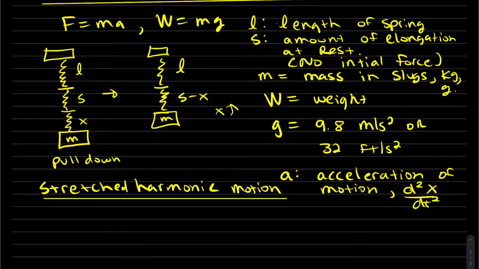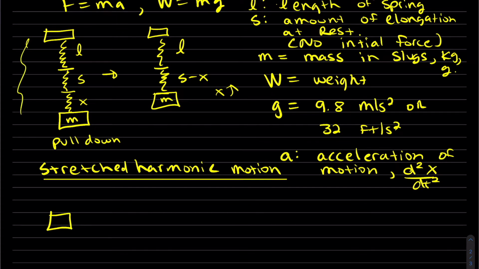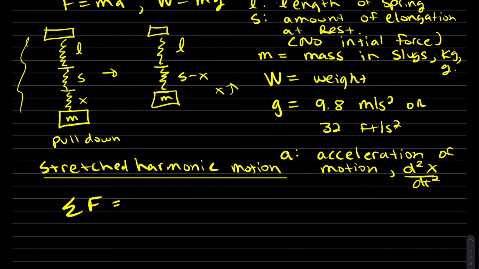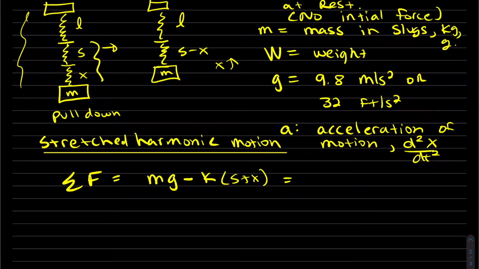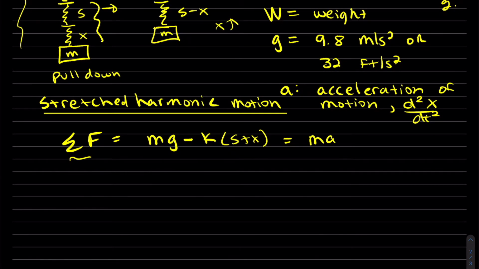Let's look at the picture. If we look at it here, we can understand it better. The sum of F is equal to mg minus k, and instead of S, it's going to be S plus X, which equals ma. So force is ma.